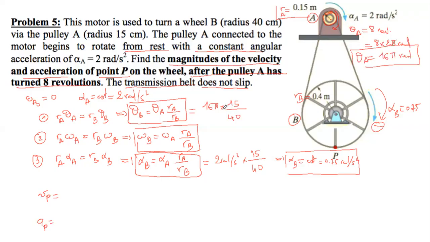And that gives you theta B. So how much will you get? Theta B is just 3 revolutions, which is basically 6 pi radians. So theta B, write it down, is 6 pi radians.